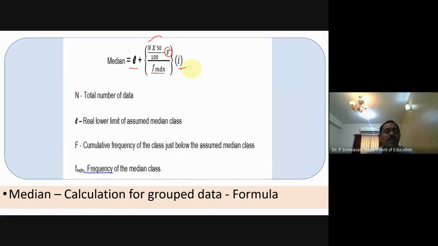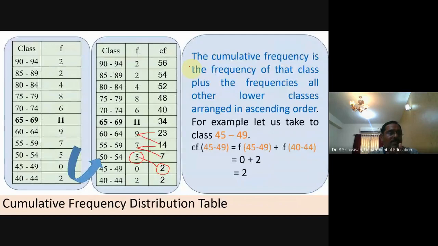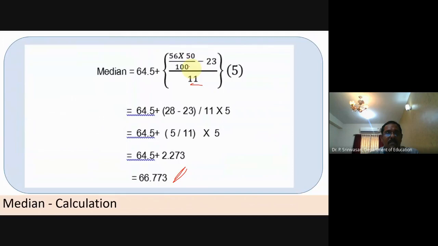If you substitute all the values, you will get the median. We call this grouped data, grouped in the form of class intervals. This is how the median is calculated.